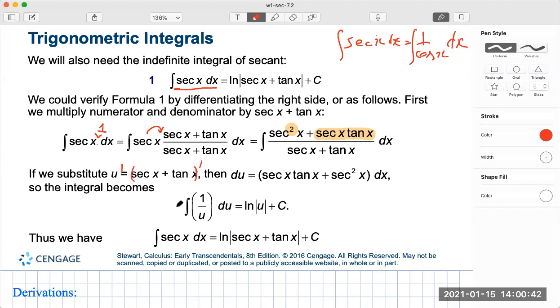The left-hand side is du over dx, so we multiply both sides by dx. And for the derivative of secant x plus tan x, you do it slowly. The derivative of secant gives us secant times tan, right? The derivative of tan gives us secant squared.